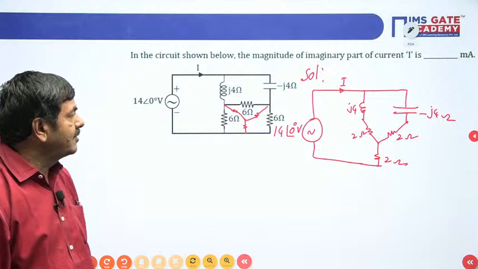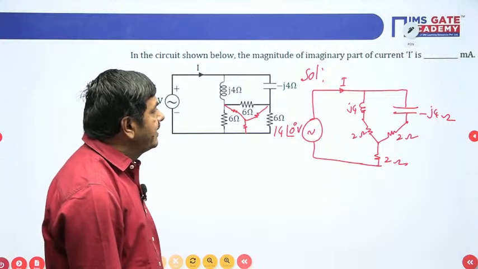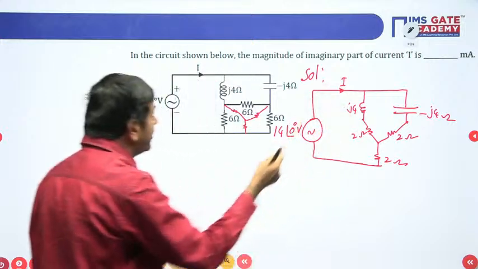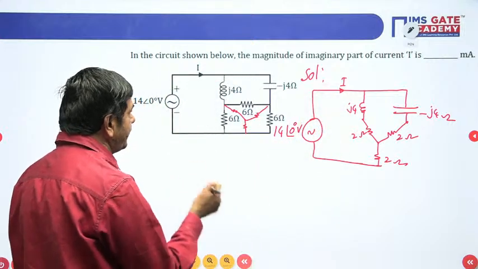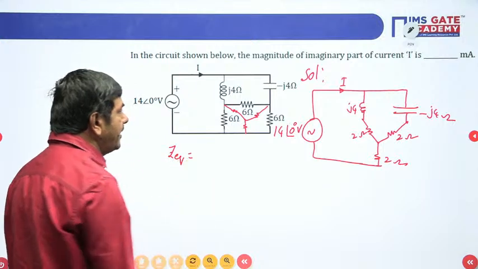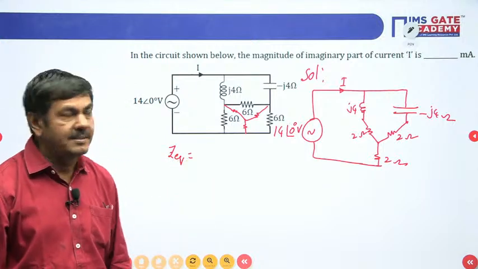Now first of all we can find the total impedance. If I get the Z equivalent value, I can find I equal to V by Z. How can I get Z equivalent?